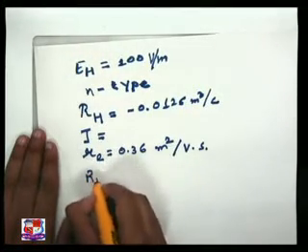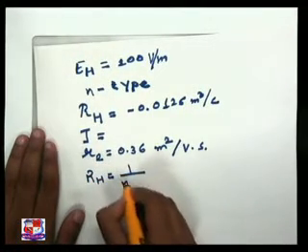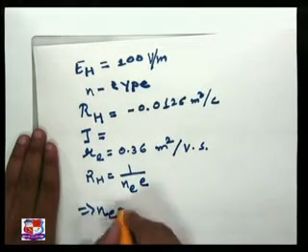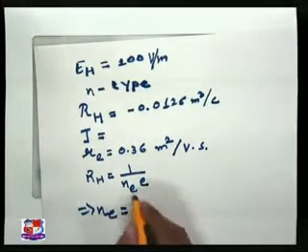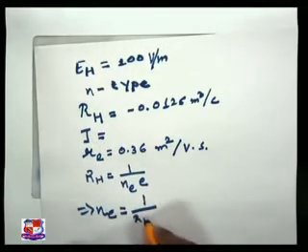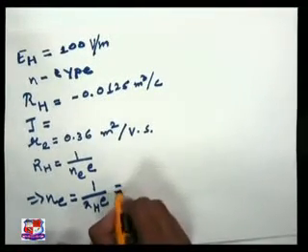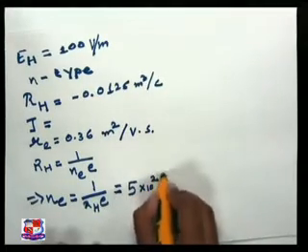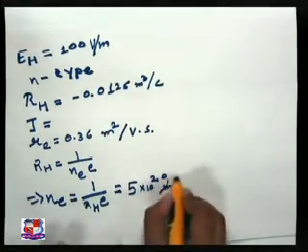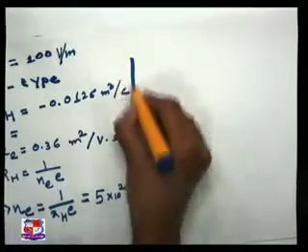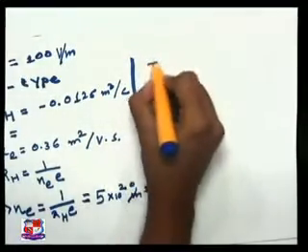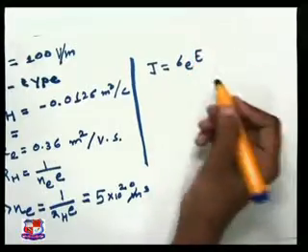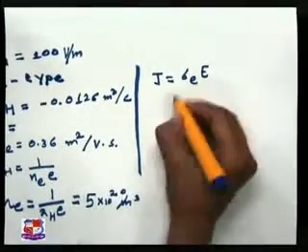RH can be found from the equation 1 over Ne. So from that we can find Ne, and substituting the value, Ne is 1 over RH into e, which gives 5 into 10 raised to 20 per meter cube. And we can also find J, the current density, that is sigma E. It is actually simply Ohm's law, right.